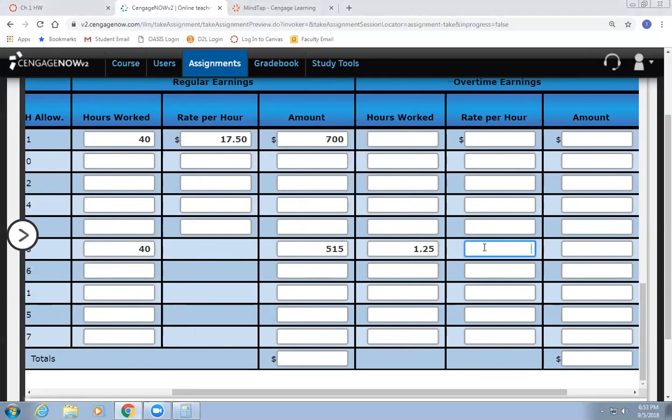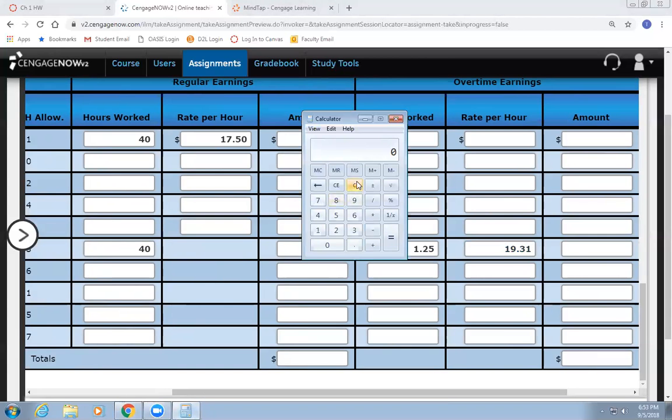So I would put in her overtime rate, $19.31. Would it be 32? Did I type it in? Oh, because I made my own error, didn't I? I didn't round. Thank you. I didn't round when I did my second calculation.